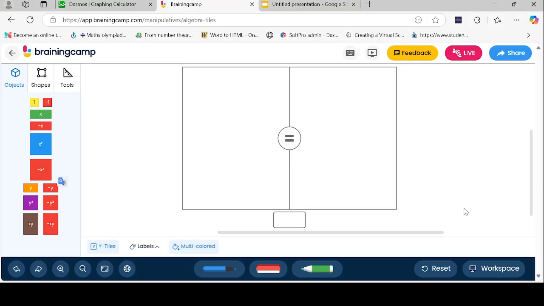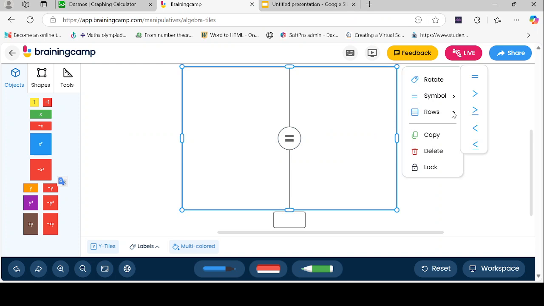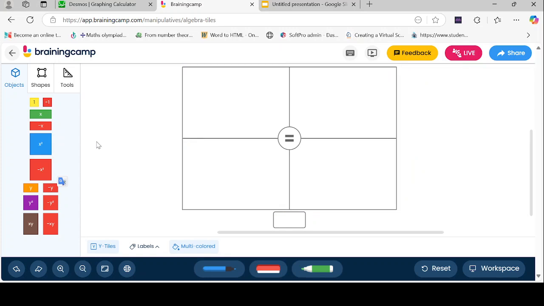So here is our workspace. We're going to create the platform that will enable us to solve system of equations. So I'm creating two rows now. So we have two rows. Now on my left hand side, you can see the variables I want to use. So suppose I want to solve the system of equation x plus y. I hope you can see it.